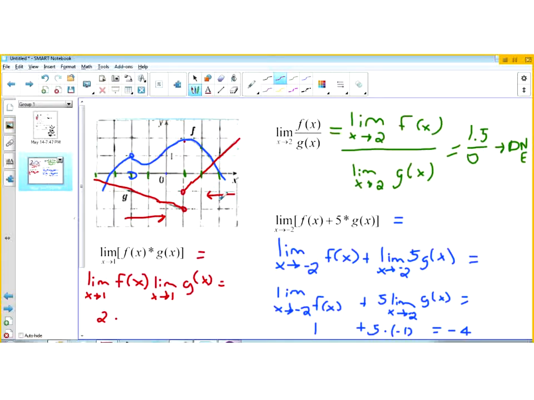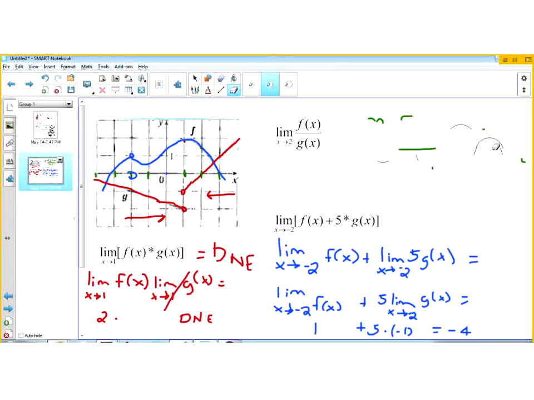So in this case, the left limit does not equal the right limit, so this limit does not exist. Therefore, this limit does not exist. All right, so that's how you evaluate that limit. I'll go ahead and erase all of this and we'll do another one.